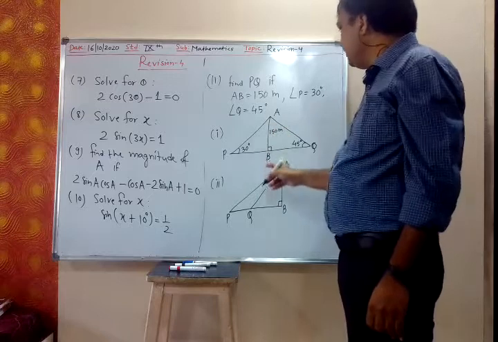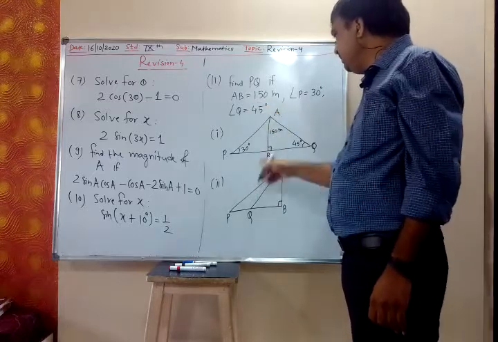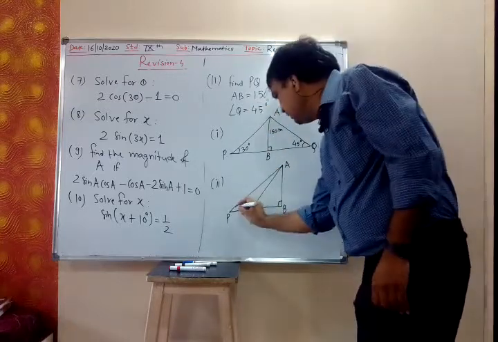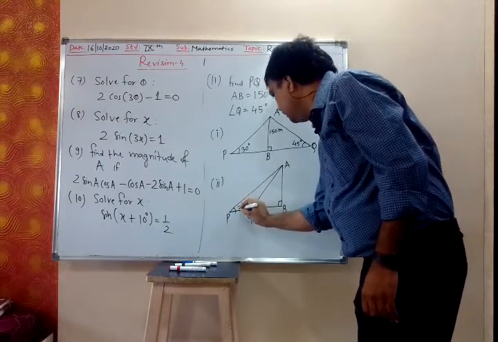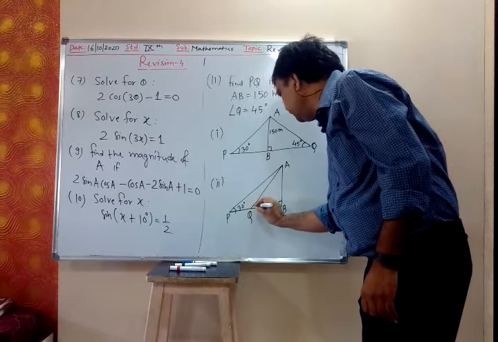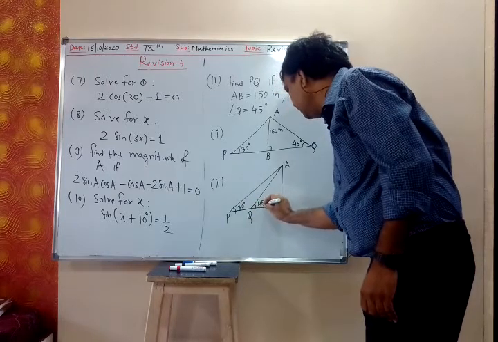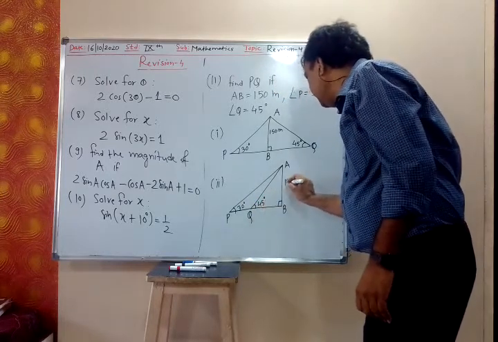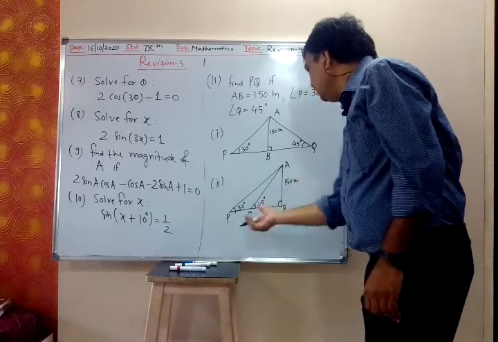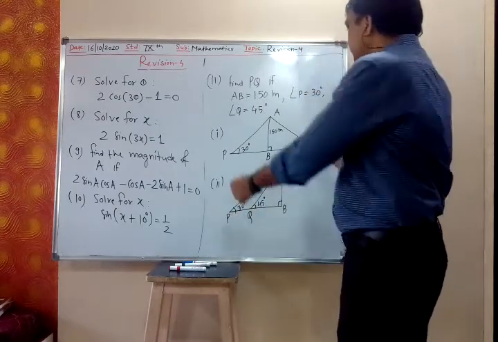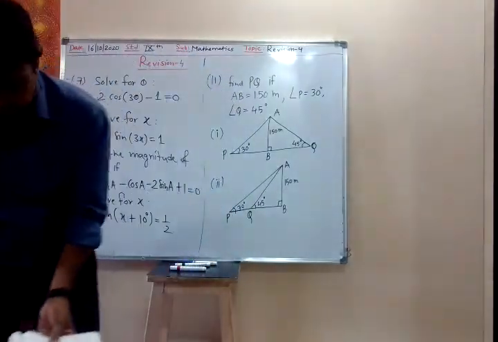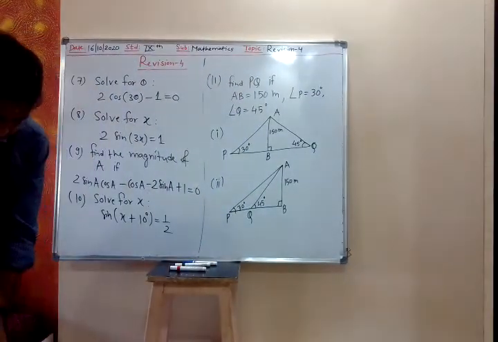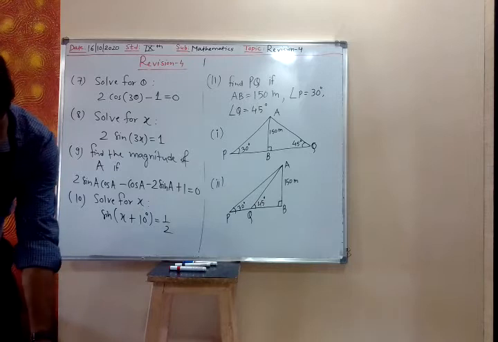AB is 150 meter in both the cases. Now P is 30 degree, Q is 45 degree, and AB is 150 meter. Find the value of PQ in this.